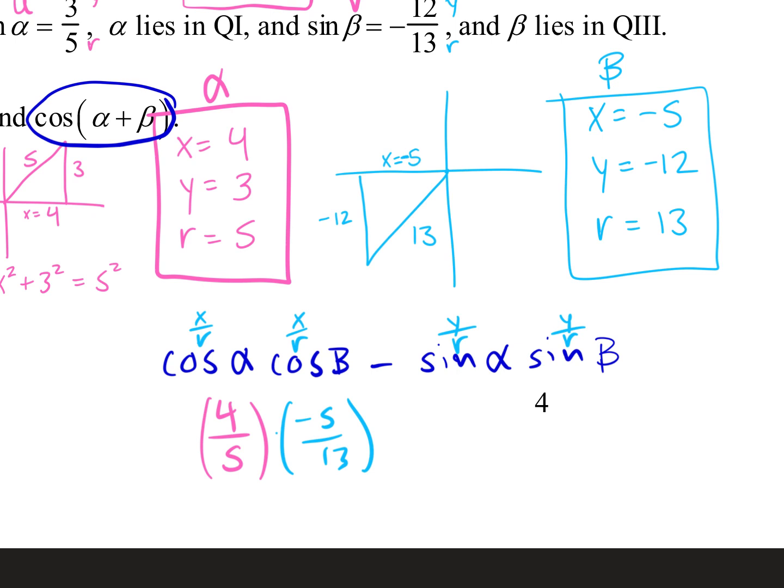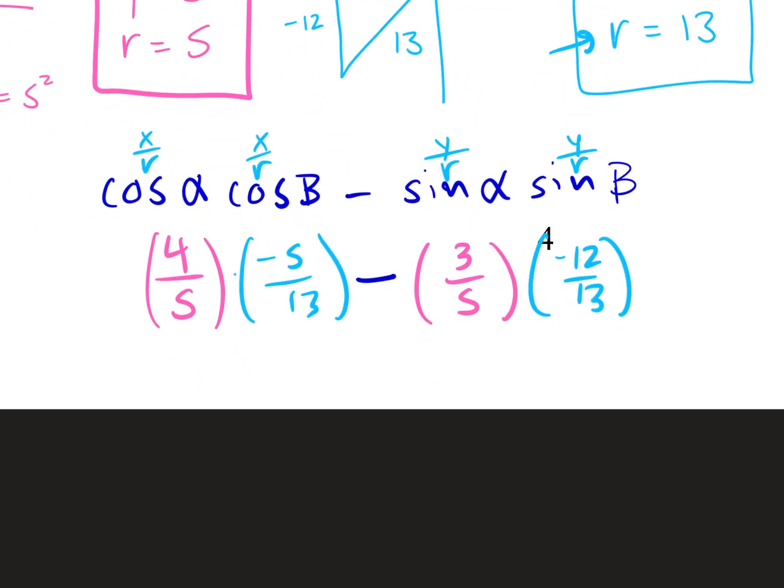We just do the x over r. Then we have minus. Going back to the alpha, what's sine of alpha? It would be 3 over 5. And then what's sine of beta? Negative 12 over 13. Be careful with your signs.